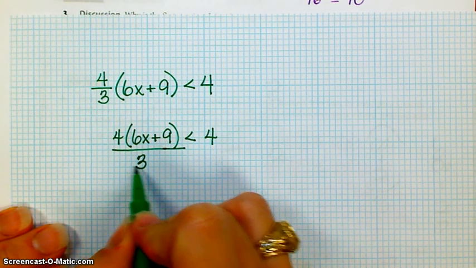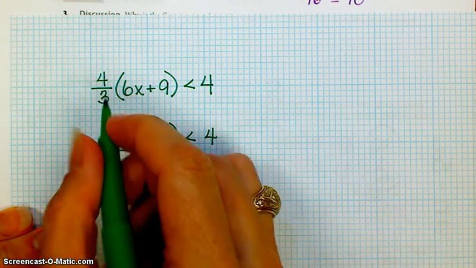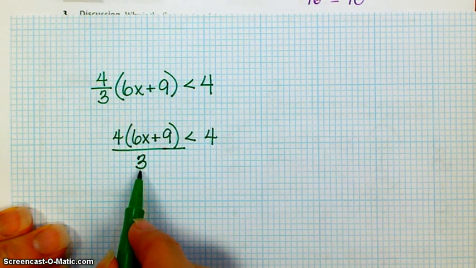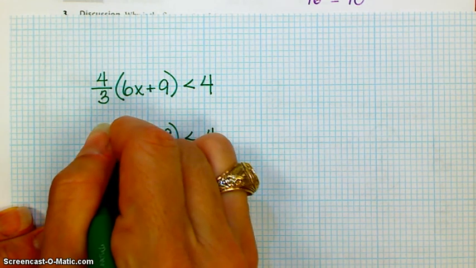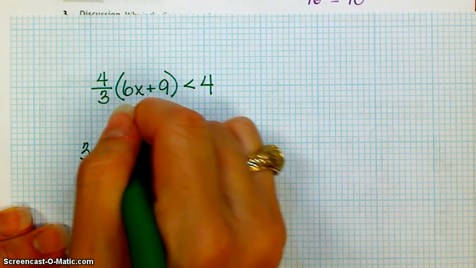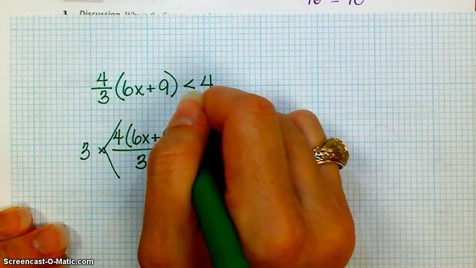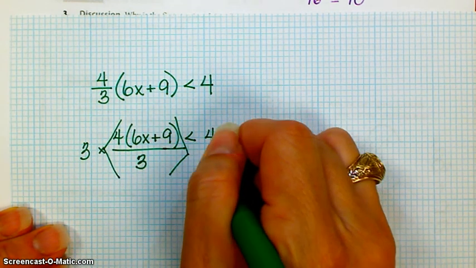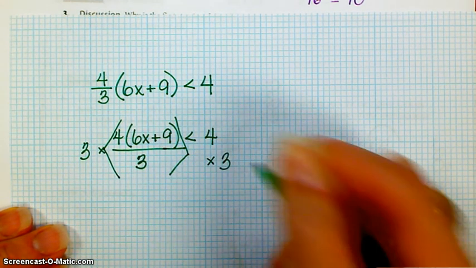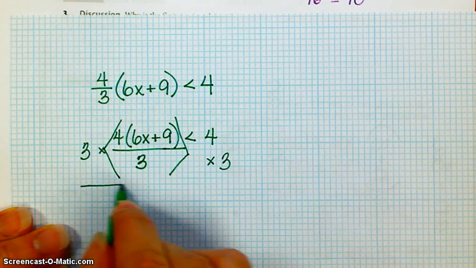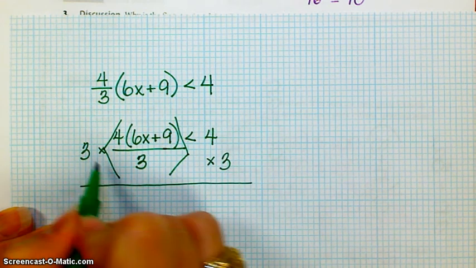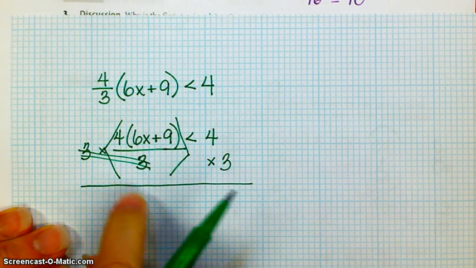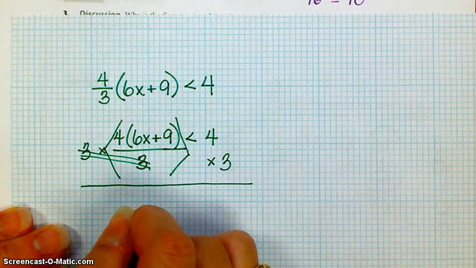In order for me to deal with this, one of the things that you can choose to do is, well, this side is divided by 3, so multiply all of that by 3. But if I multiply that side by 3, I have to multiply the other side by 3. That's kind of easy because there's only one thing on the other side. So multiplying over here by 3 gets rid of that 3 in the denominator.